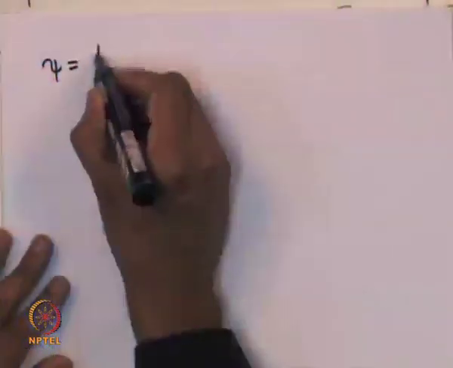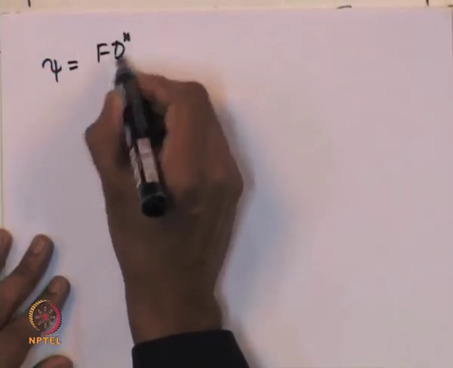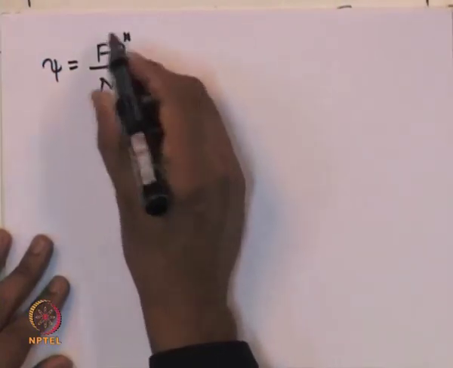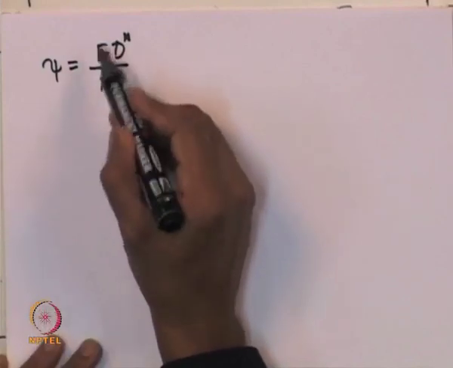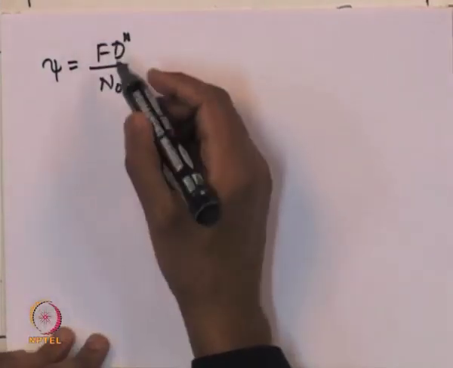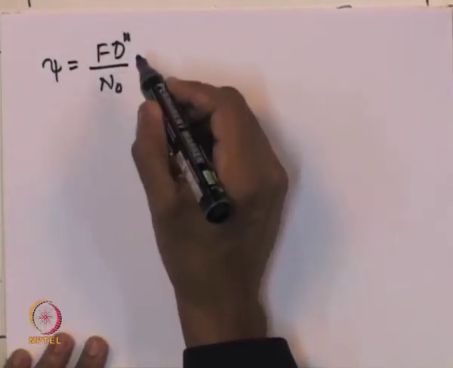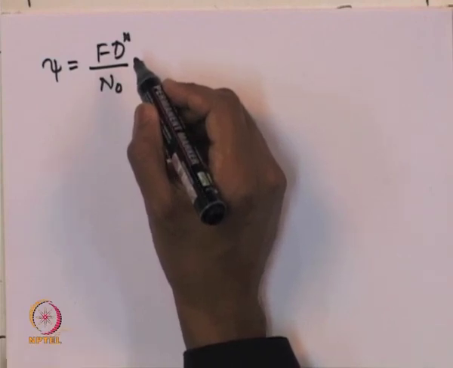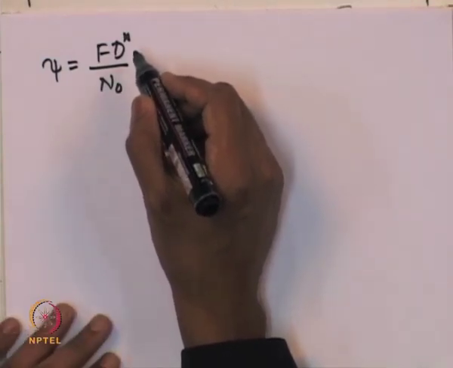So, now if we introduce a few dimensionless quantities, which are actually useful in solving this problem: psi equal to f into d star divided by n naught, where f is the distribution of the particles based on the size, d star is the ratio of the diameter when the mass transport rate and the reaction rate are equal to each other, and n naught is the initial total number of particles.